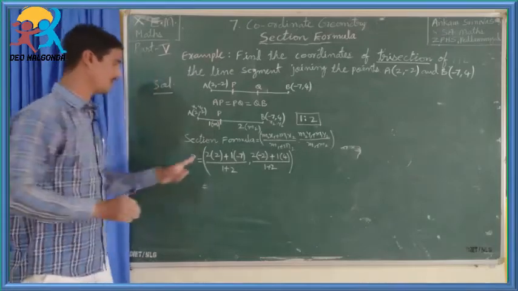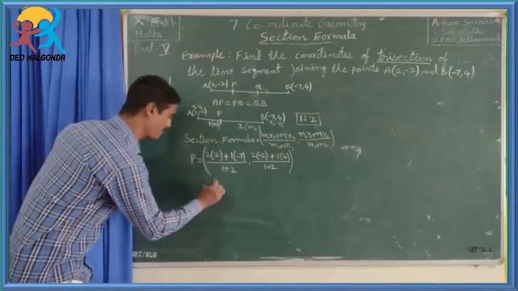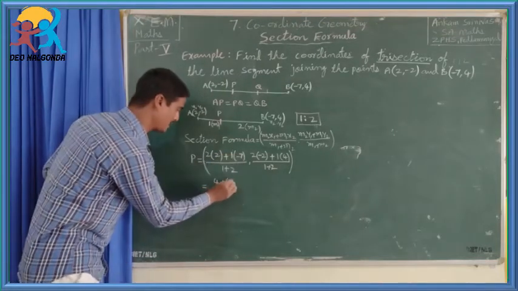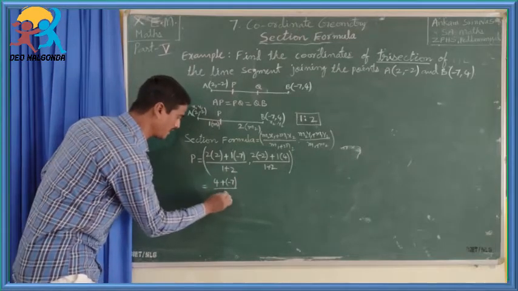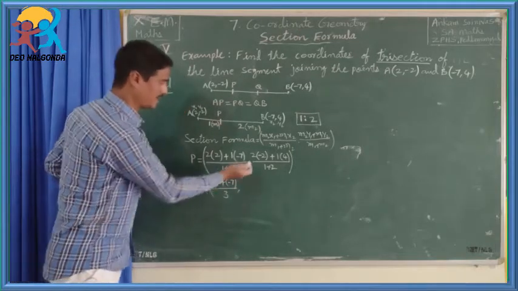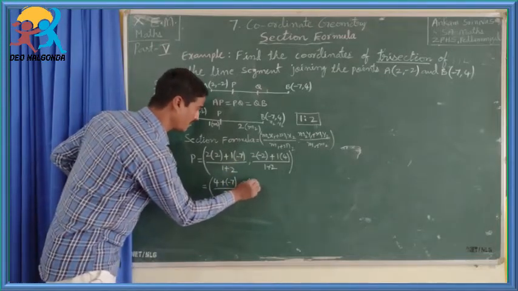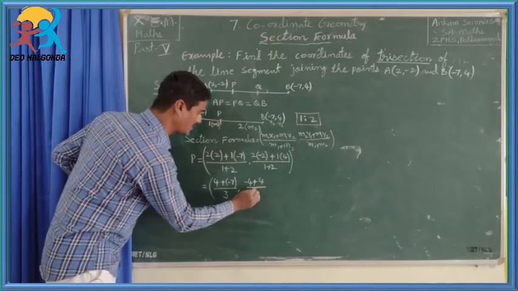Now, 2 into 2 is 4, plus 1 into -7 is -7, by 1 plus 2, which is 3. And here 2 into -2 is -4, plus 1 into 4 is 4, by 3.